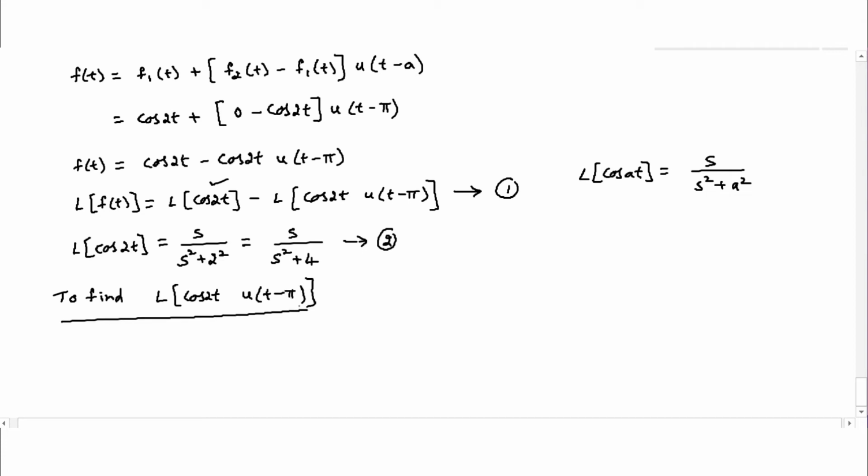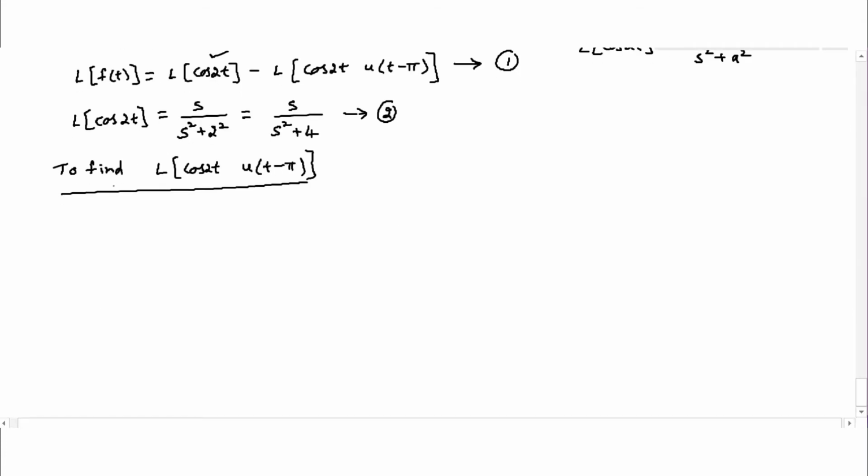Alright, and we know the formula Laplace transform of f of t minus a, I am just taking capital letter just to avoid the confusion, times u of t minus a is equal to e power of minus as into f bar of s. So in this case, if you try to observe, the value of a is pi.